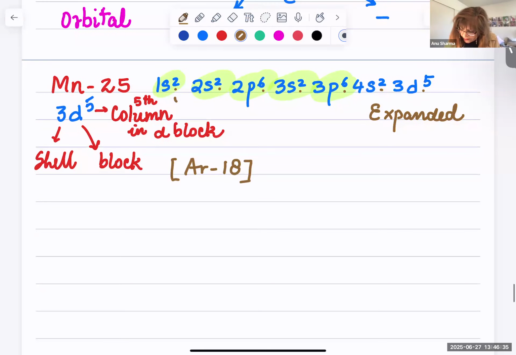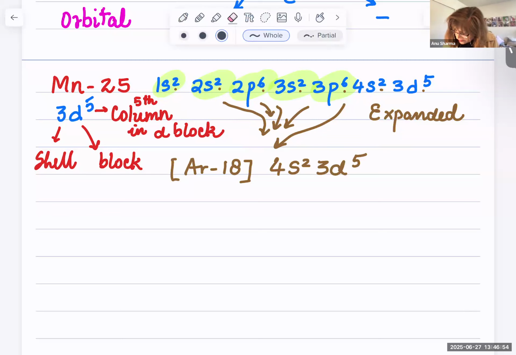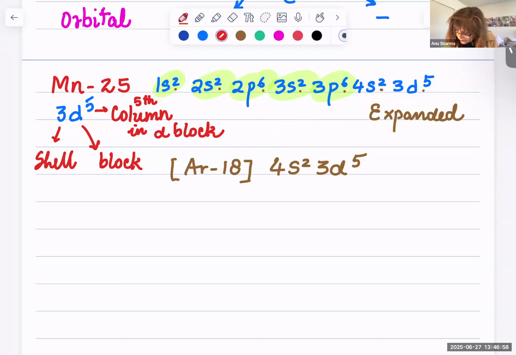All of them from here till here are placed in argon. Then you're left with 4s2 and 3d5.